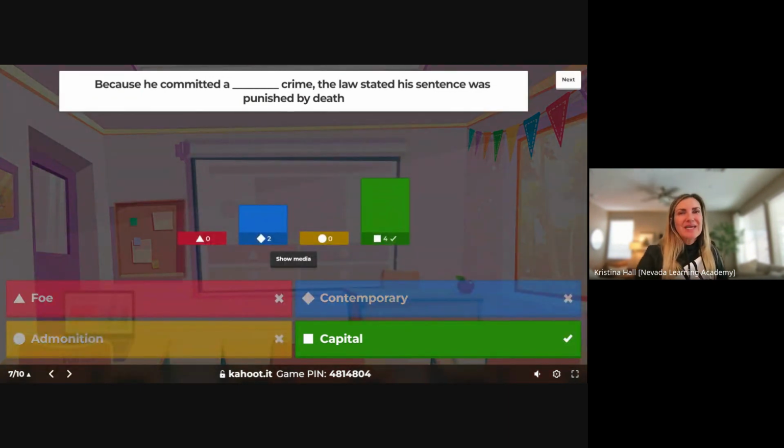Capital. Okay, good. So a capital offense is like the worst crime. Murder is usually what they're talking about, a capital murder charge. And not just any murder, it would be first degree murder. If it's second or third degree, or manslaughter, you killed somebody, but it was an accident. Like you didn't even intentionally do it. Maybe you got in a tussle and then they died.